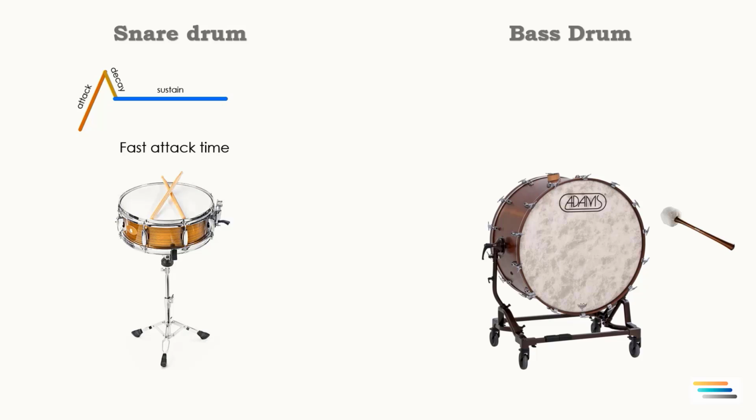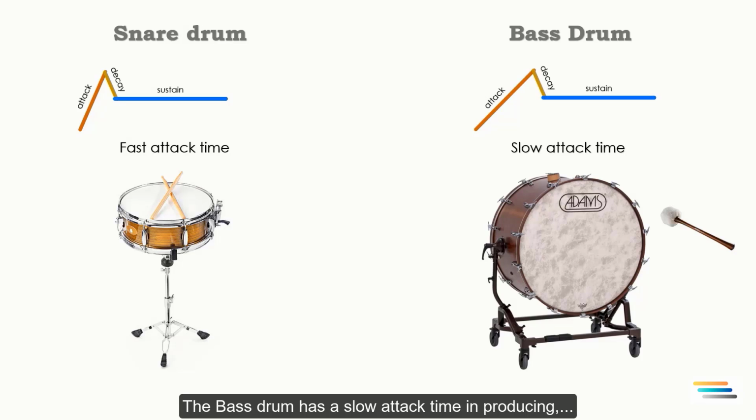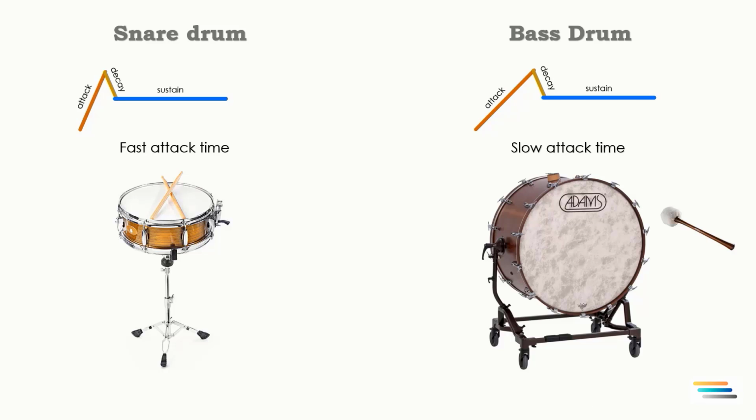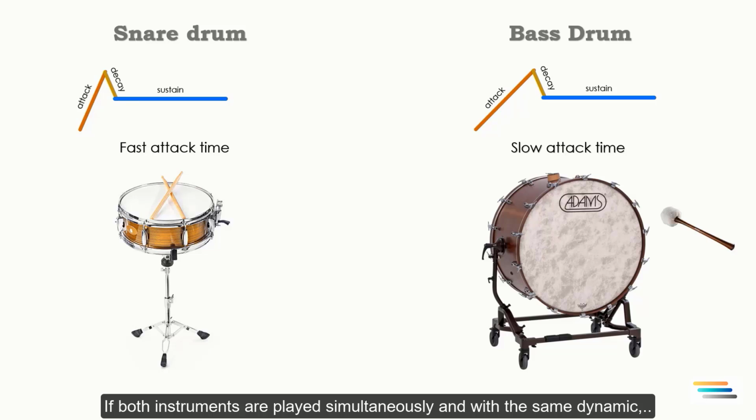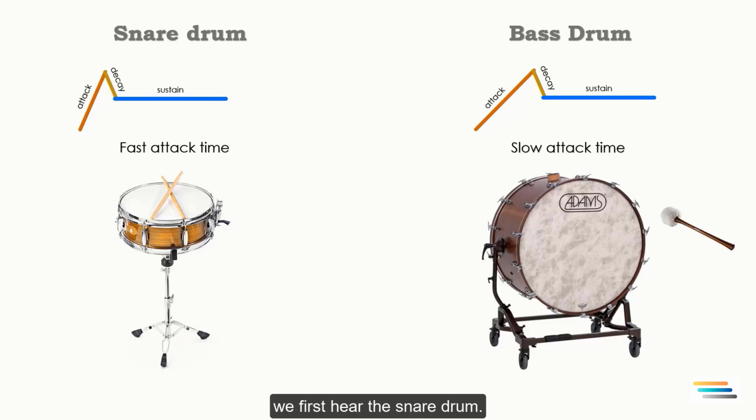The bass drum has a slow attack time in producing, which means that the sound goes to the peak very slowly. Let's listen to it. If both instruments are played simultaneously and with the same dynamic, we first hear the snare drum.